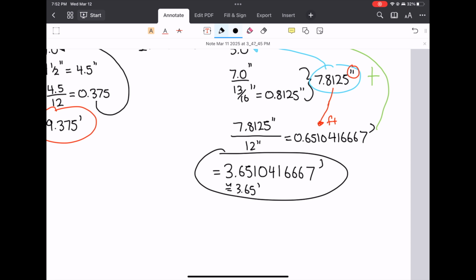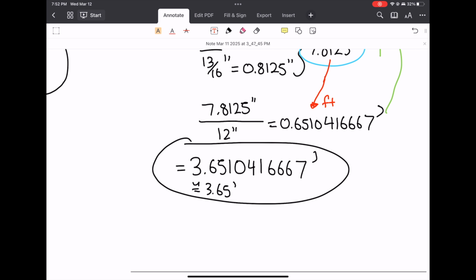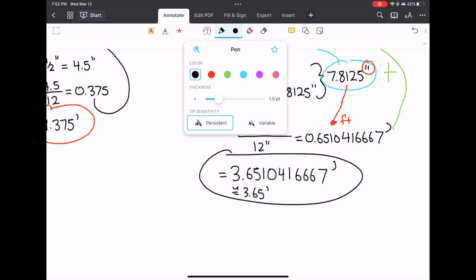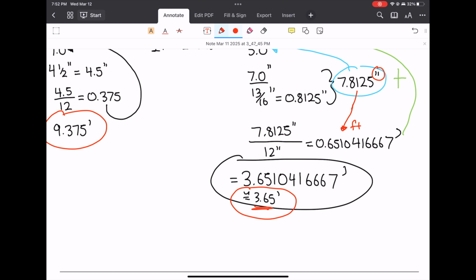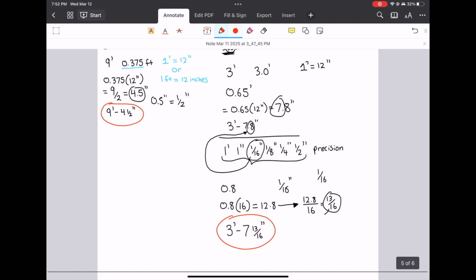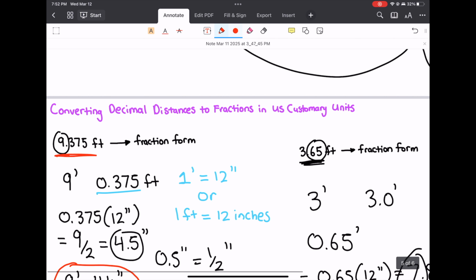Now let's go back to our first example and see if this matches. We got 3.65 and 9.375, and if we go back to our example, we have 9.375 and 3.65. That means we did it correctly, so we were able to check our answer.